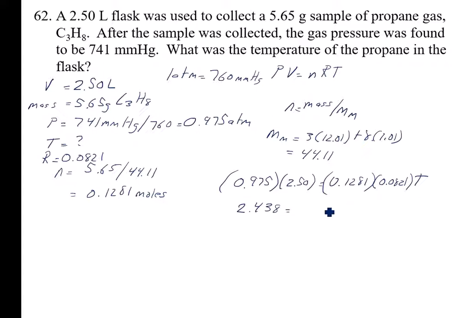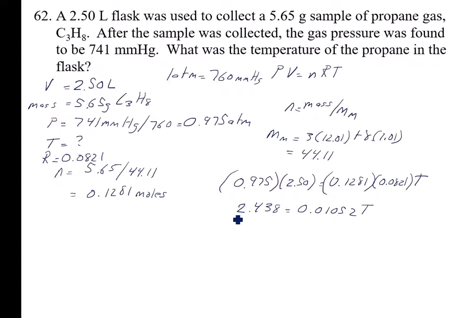I multiply the other two numbers together, and I get 0.01052T. I don't believe that one. Let me double check: 0.1281 times 0.0821. Yeah, I entered it right. I did the math ahead of time, but I just didn't believe that number.